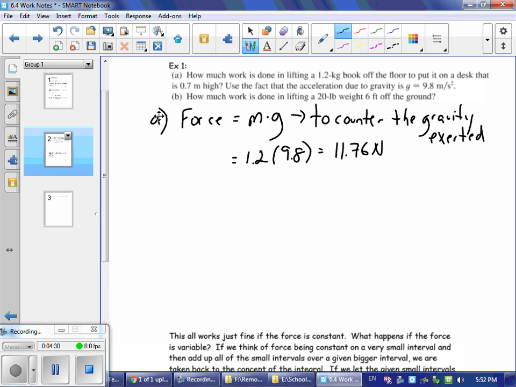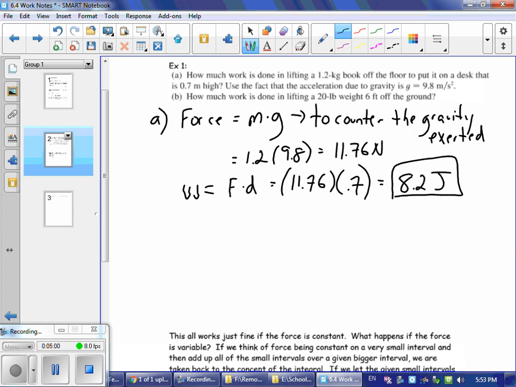Now, in order to find the actual work done, the work is the force times the distance. And the distance that it says is 0.7 meters high. So my work is going to be 11.76 times 0.7 meters, which is going to give us a work of 8.2 joules.